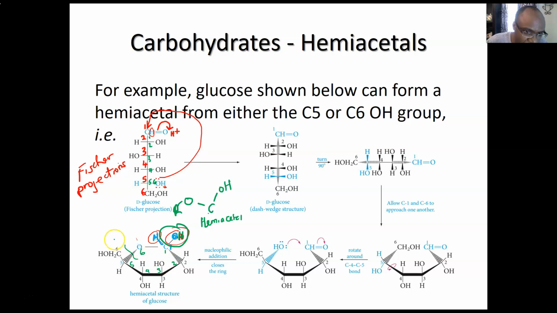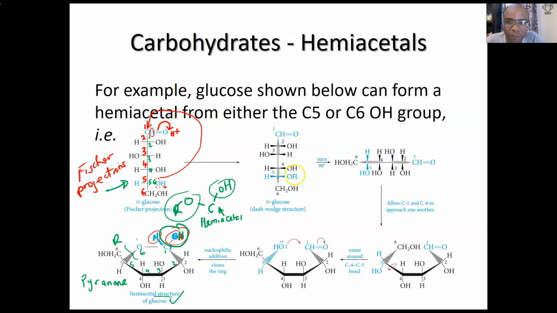The rest of the chain is an OR group and an OH. So the OR group and OH sharing the same carbon, that's hemiacetal. So that's the hemiacetal structure of glucose. You started with glucose, Fischer, now it's a glucose in a ring. So because it's a 6-membered ring, we usually call this pyranose. If it was a 5-membered ring, we call it furanose.